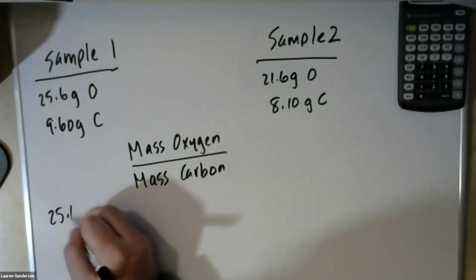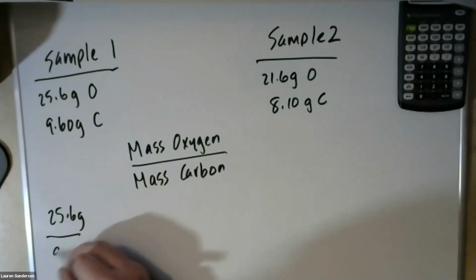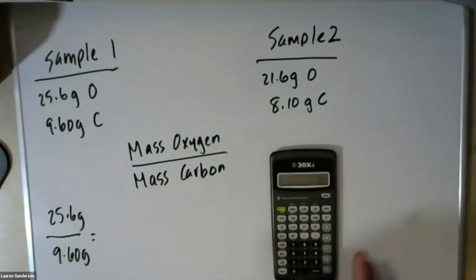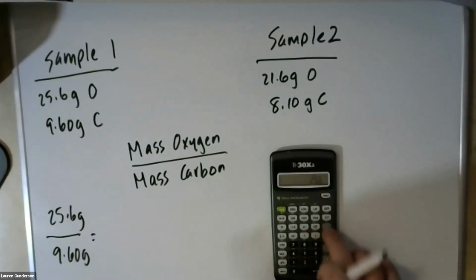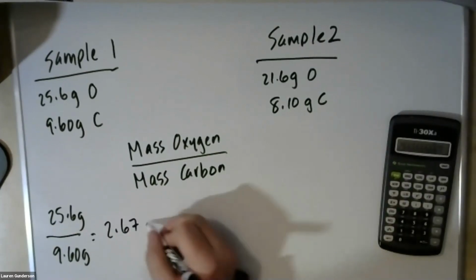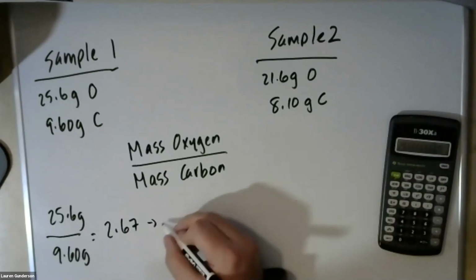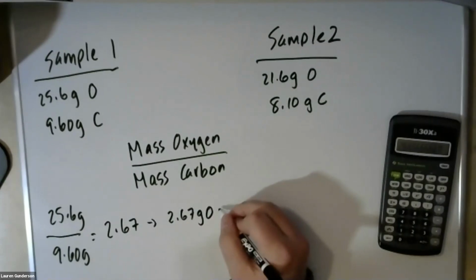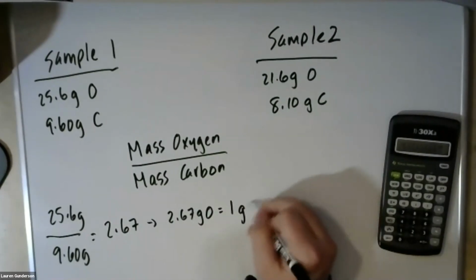So here we have 25.6 grams divided by 9.60 grams. And we get 2.67. And what this means is that we have a ratio of 2.67 grams of oxygen to every 1 gram of carbon.